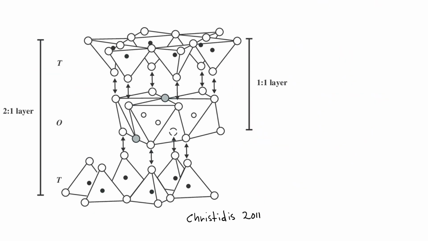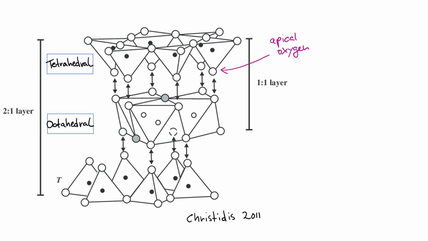So here's a figure taken from a publication by Christidis 2011 that illustrates how these sheets may come together. So we have tetrahedral and octahedral sheets, and in the tetrahedral sheet we have 3 out of 4 oxygens. So these are the white filled circles that are linked together. The remaining oxygen, which is called the apical oxygen, is the one that pairs with the octahedral sheet.